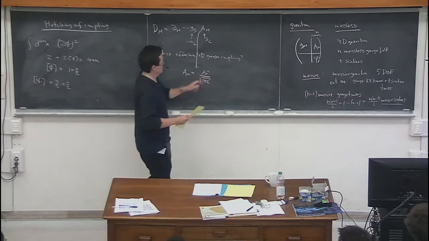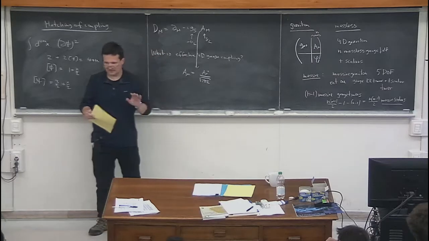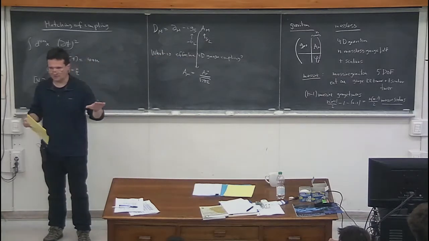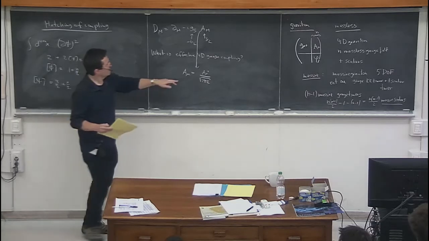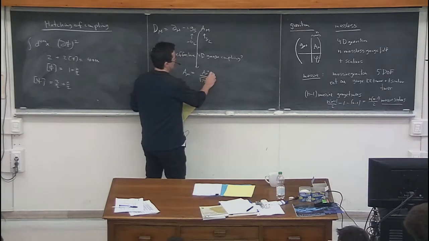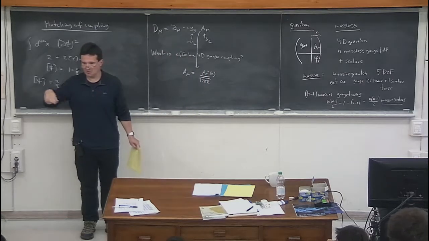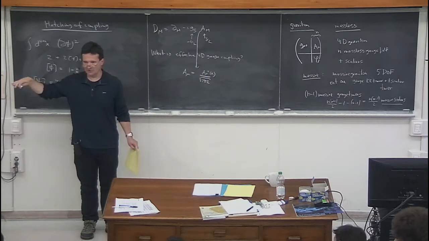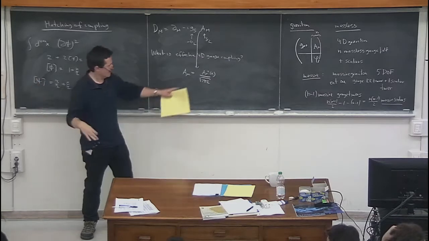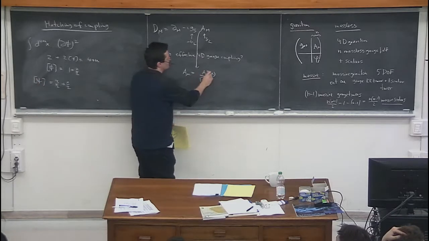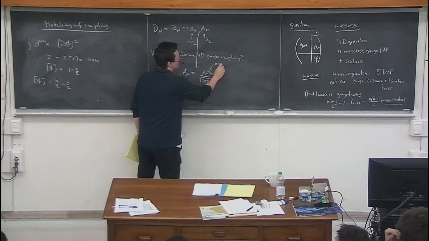Usually, even in the warped case, the 0 mode for the gauge field is going to be always flat. Meaning, this will still be a function of x, but there will be no non-trivial profile along the extra dimension. The 0 here means the n equals 0 mode.